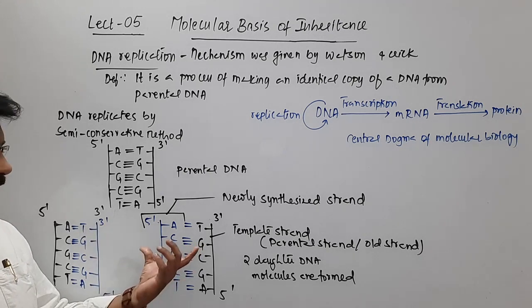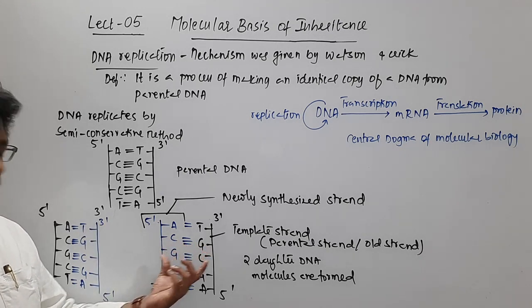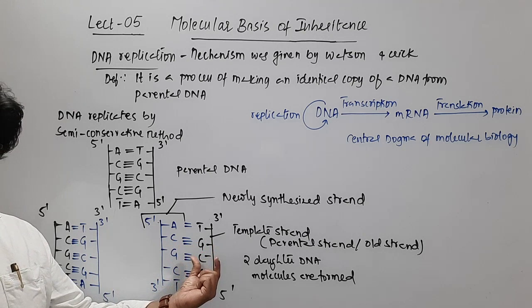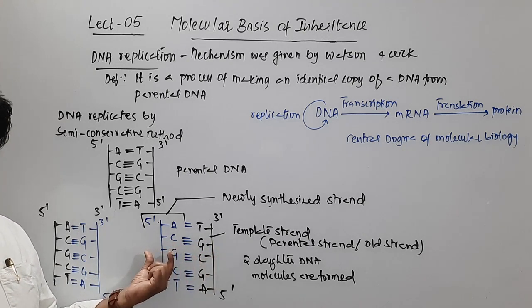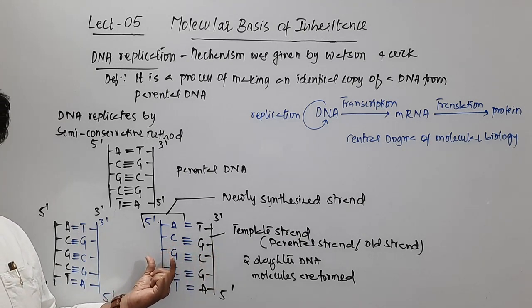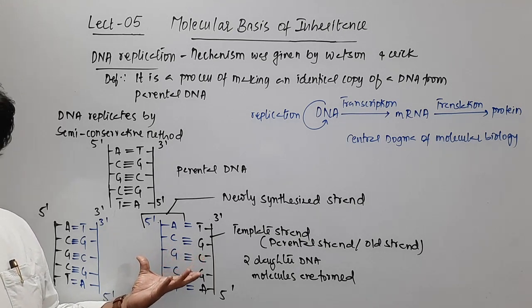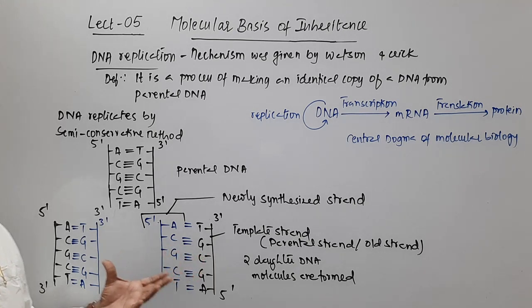Every time a new DNA molecule is formed, one will be the parental strand and one will be the newly synthesized strand. Hence, DNA replication is called the semi-conservative method of DNA replication.